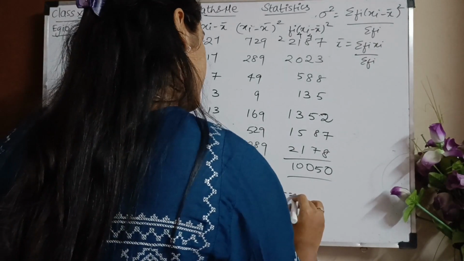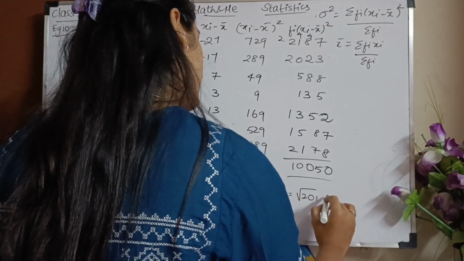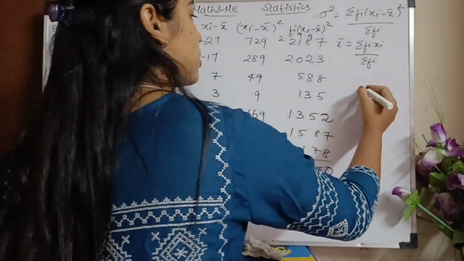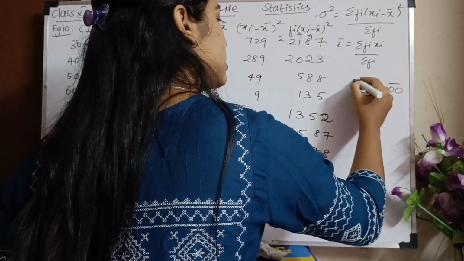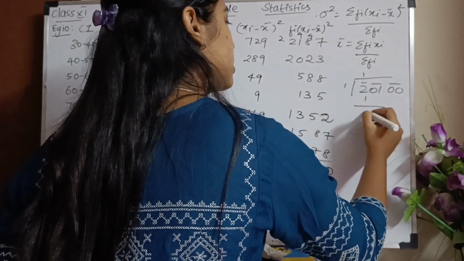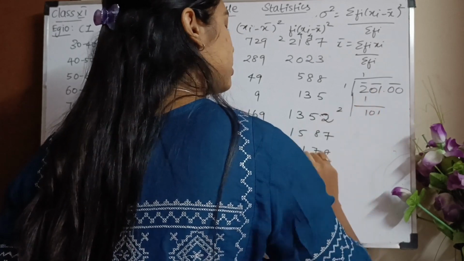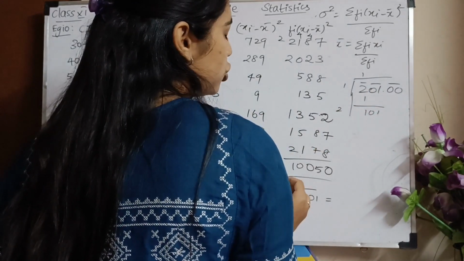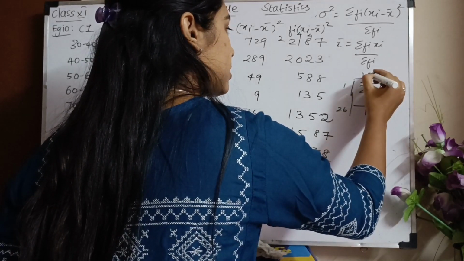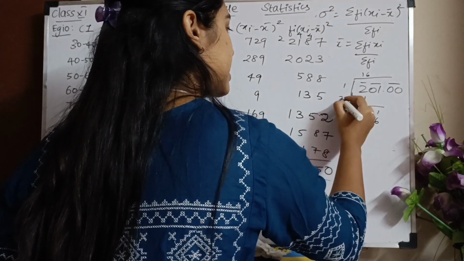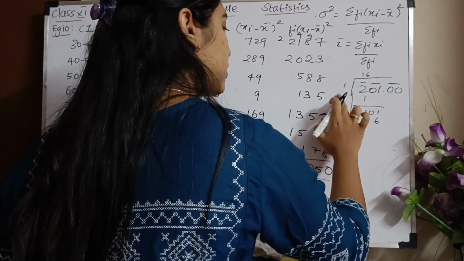What is my sigma? Sigma is the square root of 201. Let's split it this way. Correct? So 1 1 is 1, then 101. In that it will become 2. So I'll have 2, 6 6s are 36, 3 6 2s are 12, 13, 14, 15, it won't work.